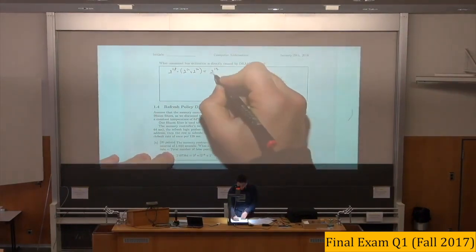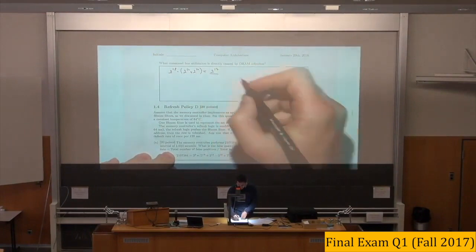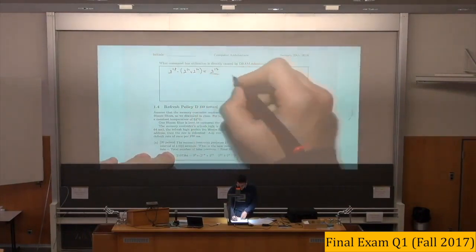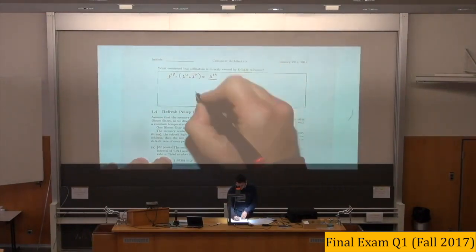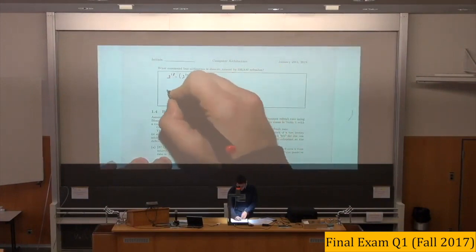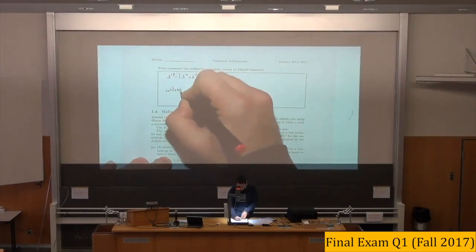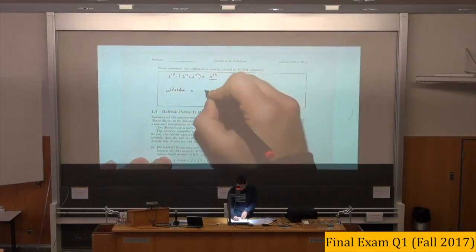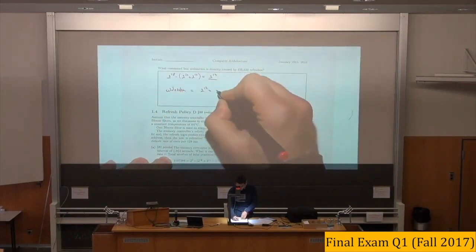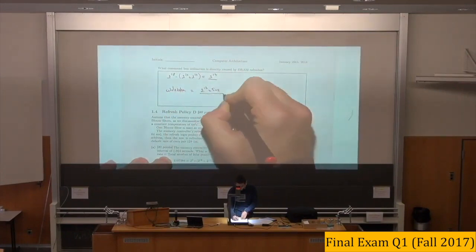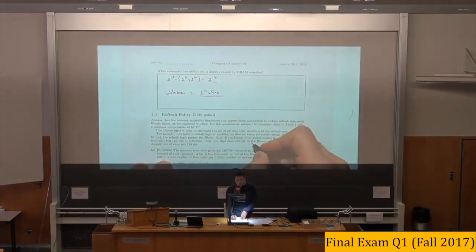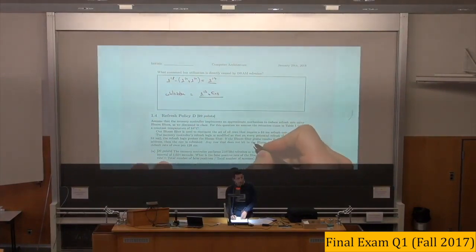So these are the number of rows that will be refreshed. And remember, the bus is kept busy for 5 nanoseconds, so the utilization will be 2 to the 17 multiplied by 5 nanoseconds. We need to divide it by the refresh interval.